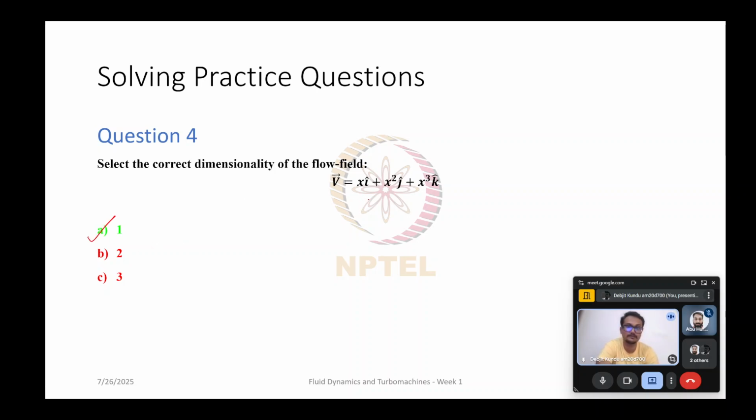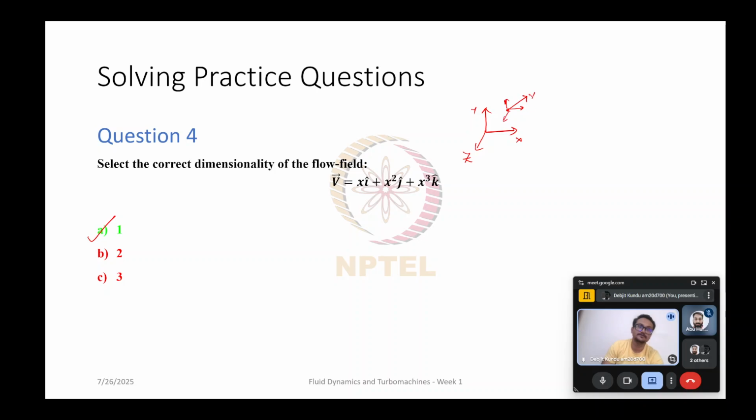This is where many people get confused. They think that since velocity in all three directions is there... Correct. Although if I draw the velocity vector, it would have components in all three directions.